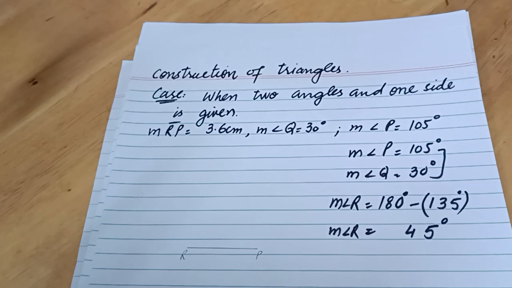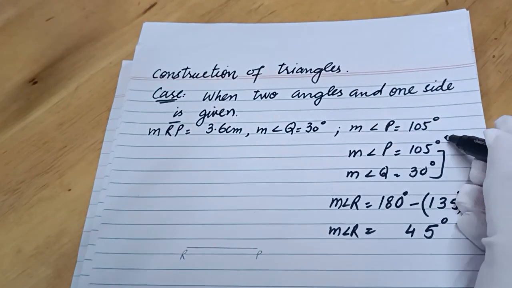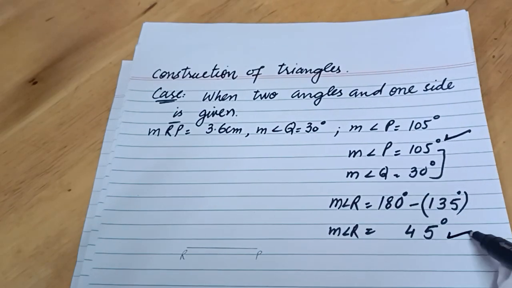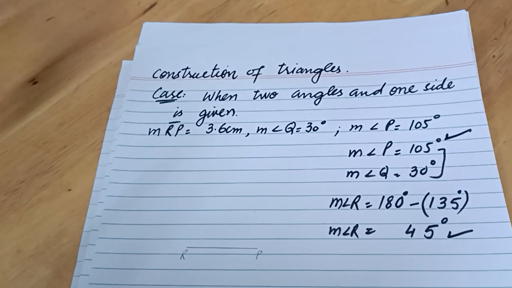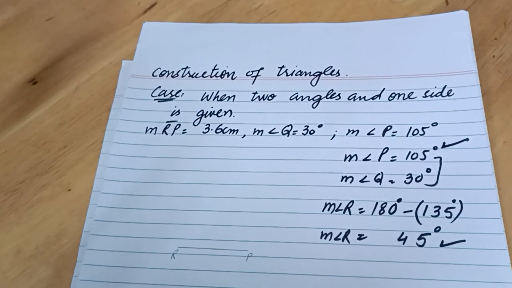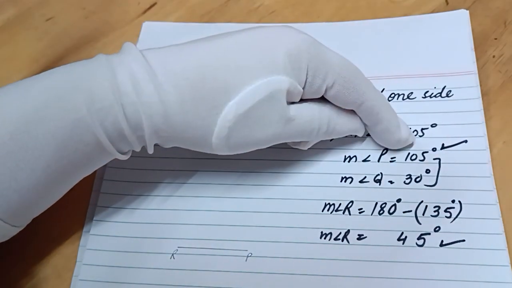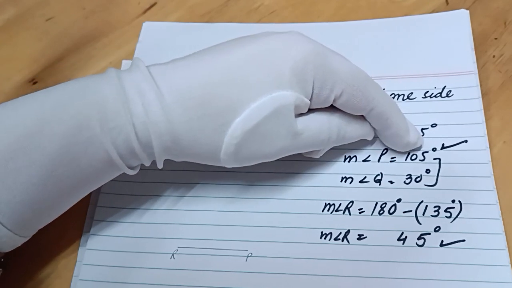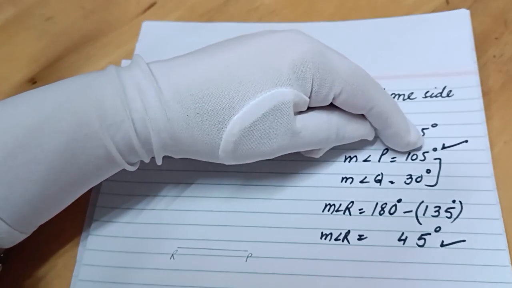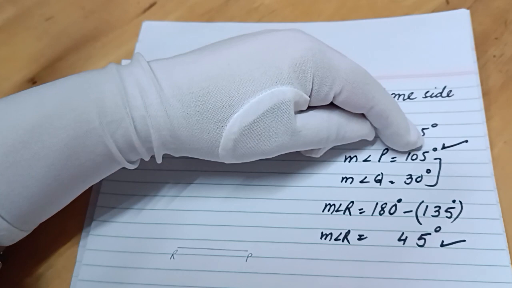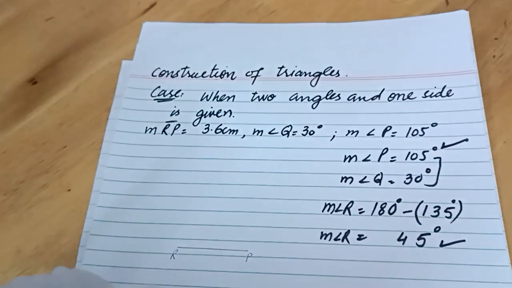Now it's easy for us. Draw P here and draw R on this side. So let's continue with the drawing again. On the side P, we have to draw 105. For angle 105, we see it's coming in the bisection of 90 degrees and 120 degrees.